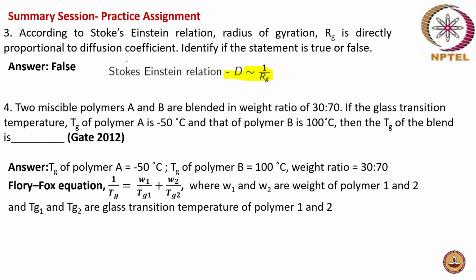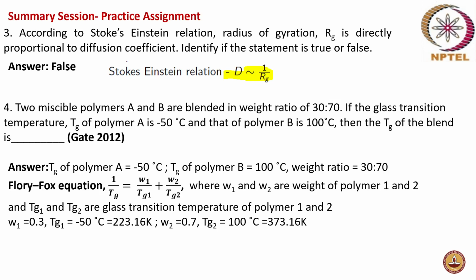Now you can use the Flory-Fox equation. The Flory-Fox equation gives the relation for the Tg of a blend based on the weight ratio of individual polymers and the glass transition of individual polymers. It is given by 1/Tg = W1/Tg1 + W2/Tg2, where W1 and W2 are the weight fractions of polymers 1 and 2, and Tg1 and Tg2 are the glass transition temperatures of polymers 1 and 2. The weight fraction of polymer 1 is 0.3, Tg is -50.